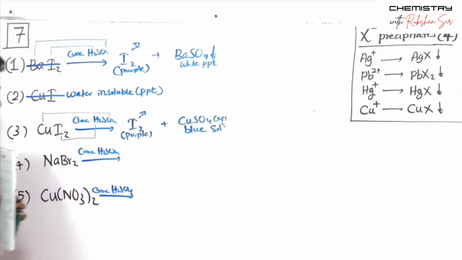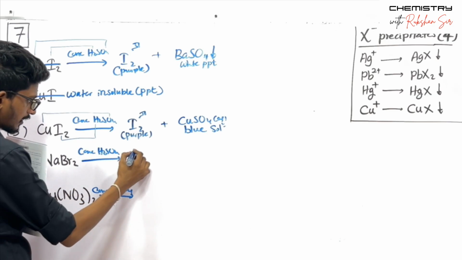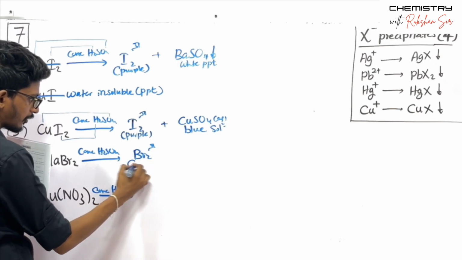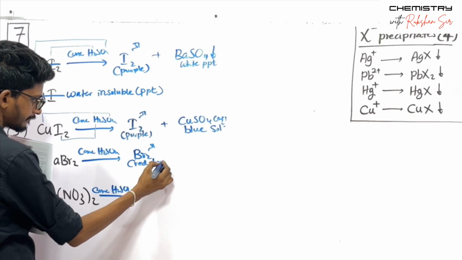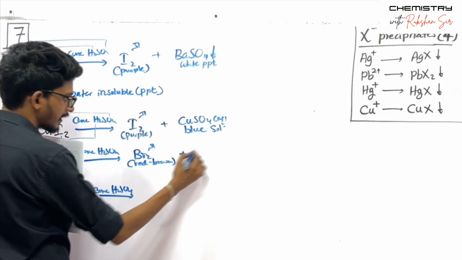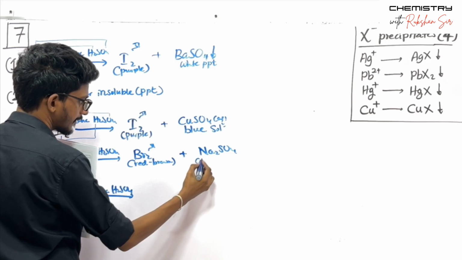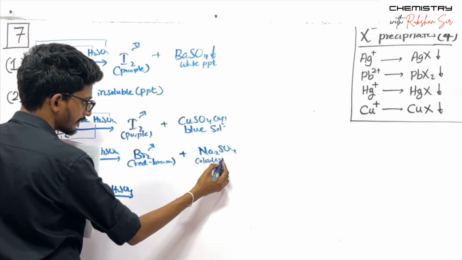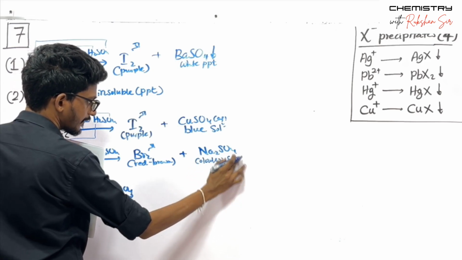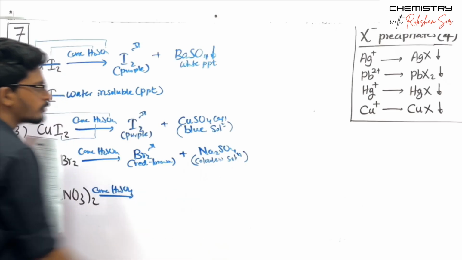That can stand, right? So here, Br minus with conc H plus will give you Br2 colored gas, red brown. Na plus with sulfate gives Na2SO4, which is colorless.